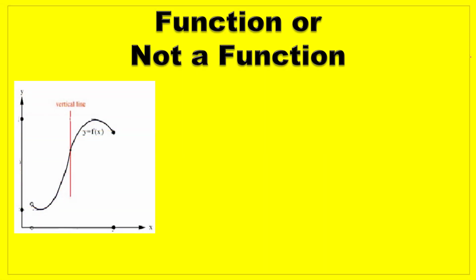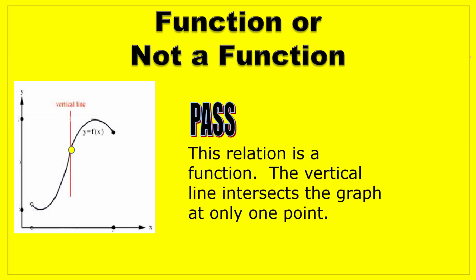So, function or not, would this be a function? Well, we can see that we have one intersecting point on this graph, and so it passes the vertical line test, and as such, this relation is a function. The vertical line intersects the graph at only one point.